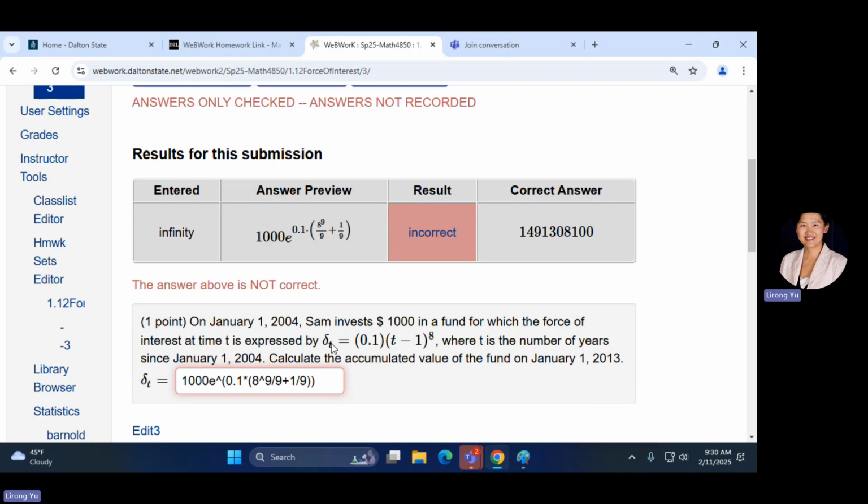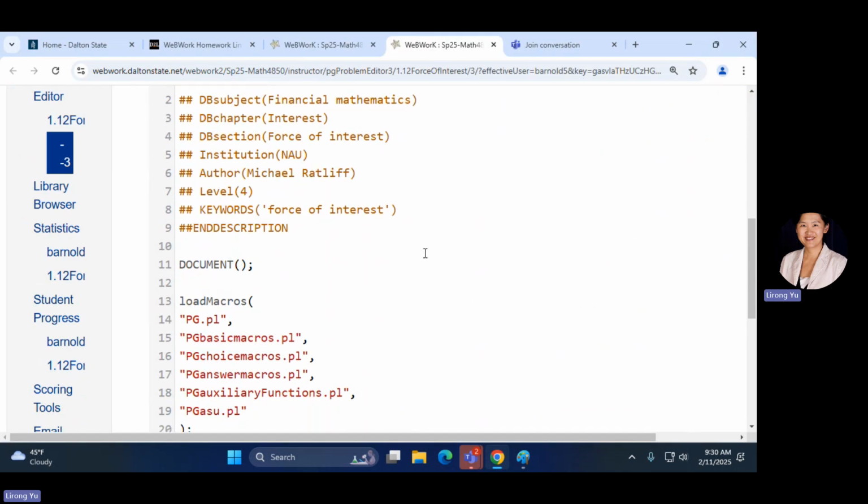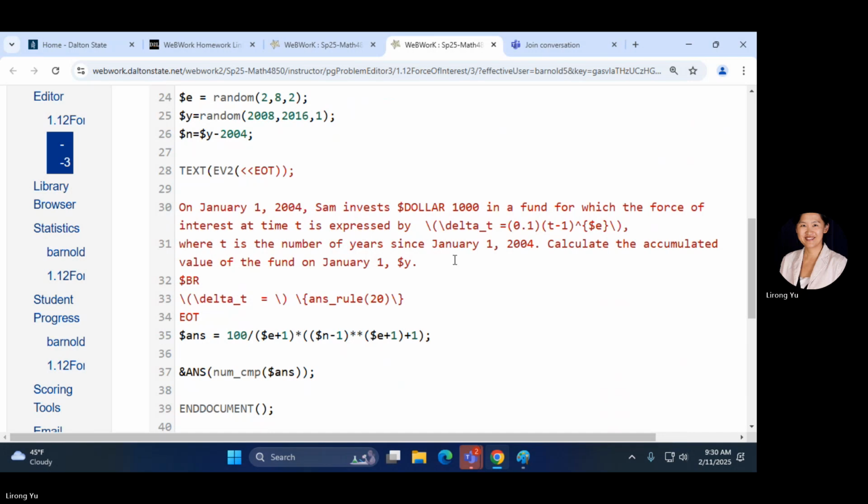Okay, maybe it's the reading that has the issue.